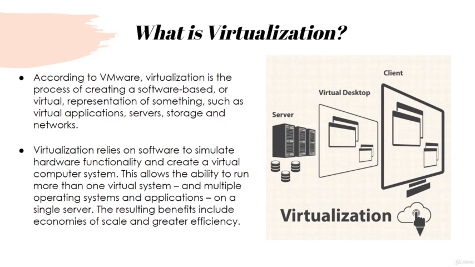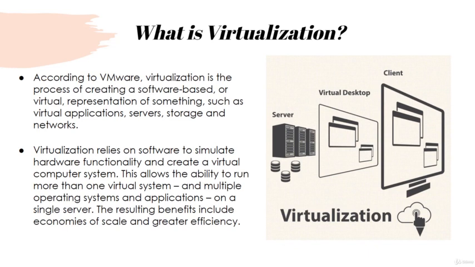So what you've done with virtualization is instead of only being able to install, let's say, Linux onto that one 10 gig server, you're now able to have 3 different types of operating systems on that server through the power of virtualization, right? Virtualization relies on software to simulate hardware functionality and create a virtual computer system.